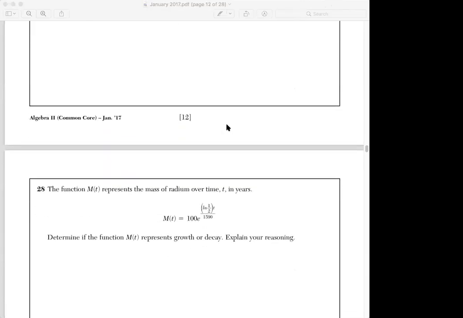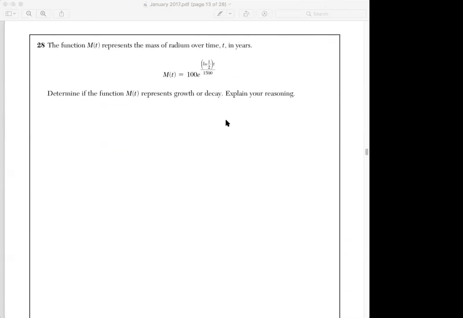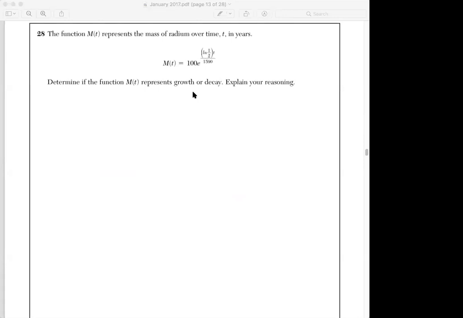Not going to do that. Determine if the function represents growth or decay. You could graph this, and you'll see that the graph goes down. And if you know what the word decay means, the opposite of growth, basically. A growth graph is going to look like that.